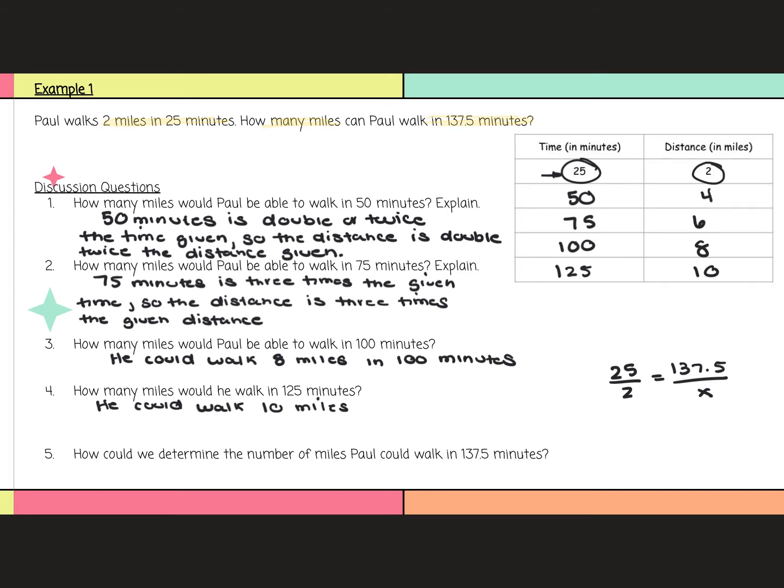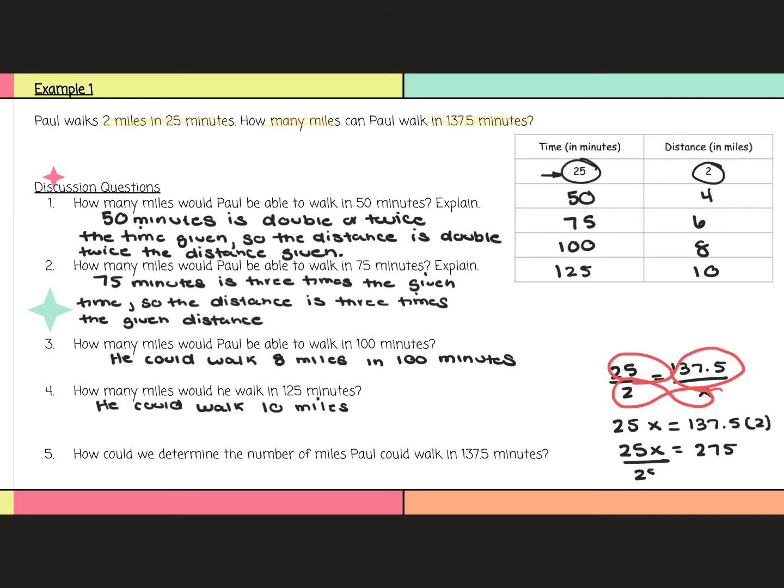This goes back to that proportional reasoning. Remember, we're going to cross multiply. So I have 25x is equal to 137.5 times 2. 137.5 times 2 is 275.